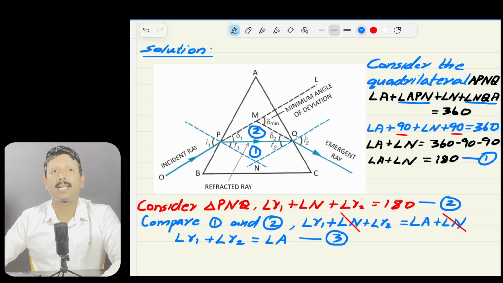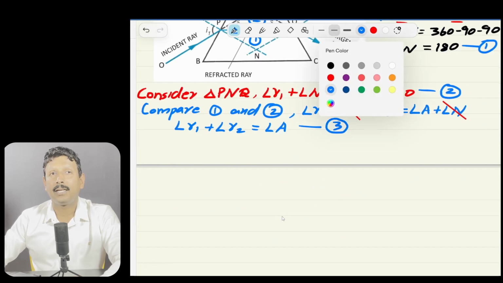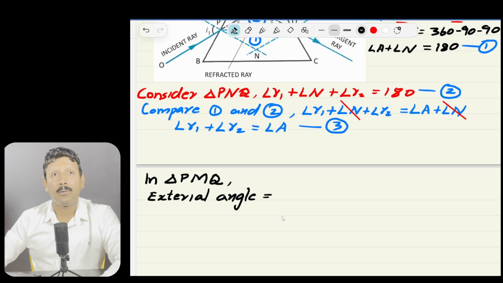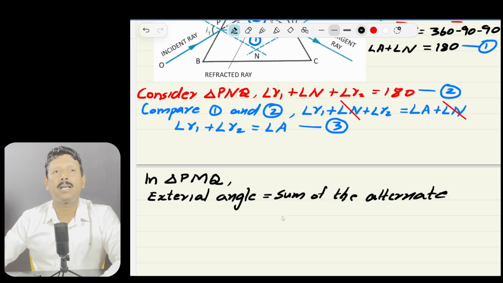Now consider the triangle above the refracted ray. This time not the 180 property; we are using the property that the exterior angle is equal to the sum of the alternate interior angles. So in the triangle above the refracted ray, that is PMQ, if you look into the diagram, you will understand.